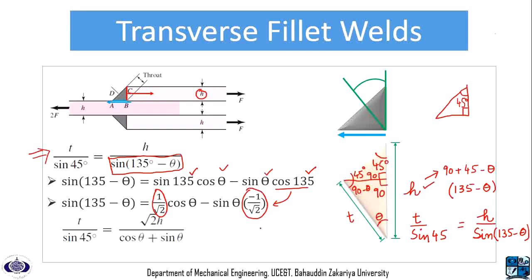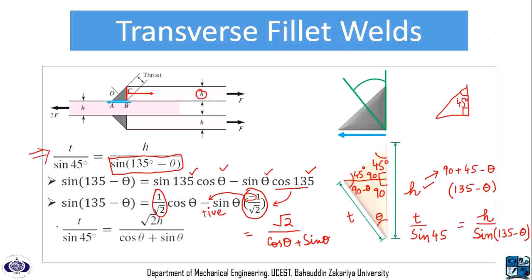So this will become 1 over square root 2 times cos theta plus sine theta, because this negative sign along with this one is going to give us a positive sign.